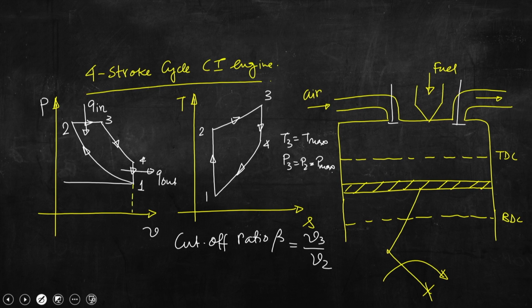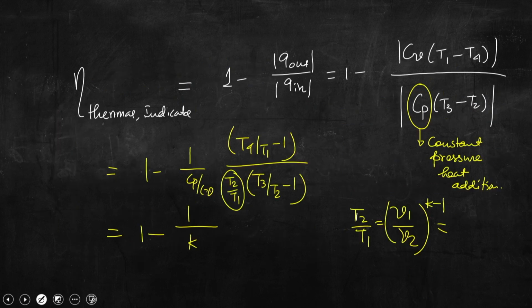This is V BDC divided by V TDC, power k minus 1. So, that is rc power k minus 1, where rc is the compression ratio.